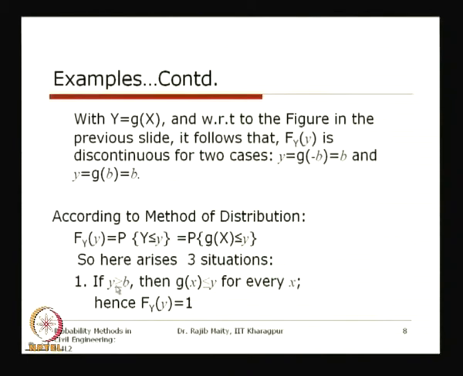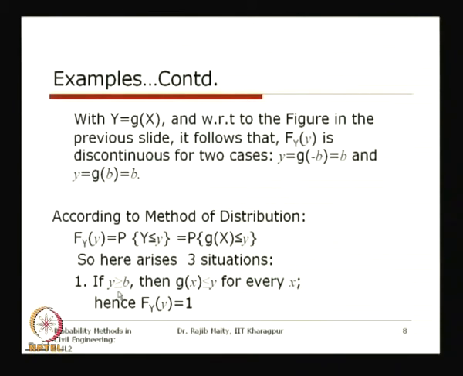The first is that y is greater than b. If y is greater than b, then g(x) is less than or equal to y for every x, so F_y(y) equals 1, because that is the maximum value it can take. So for y greater than or equal to b, F_y is 1.